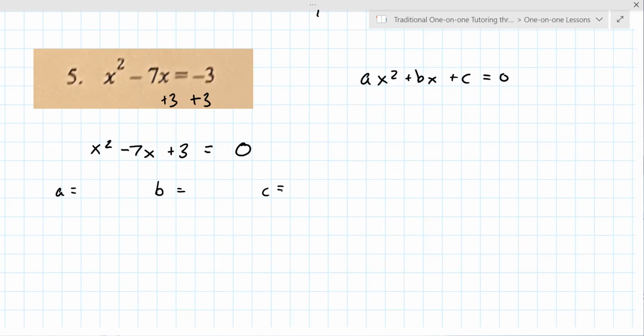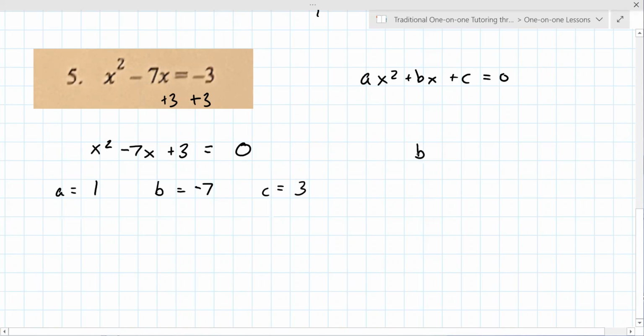A is the number in front of x squared. Oh, I'm sorry, it's 1. And b is -7. How about c? C equals 3. Very good.